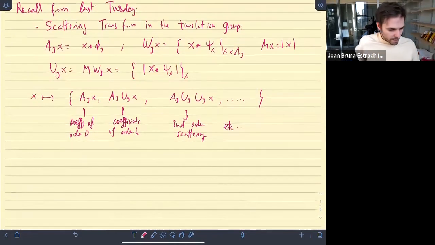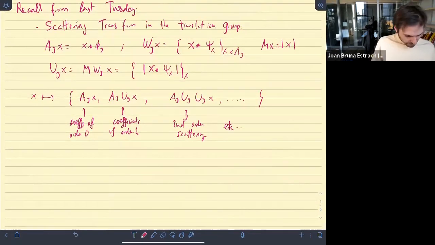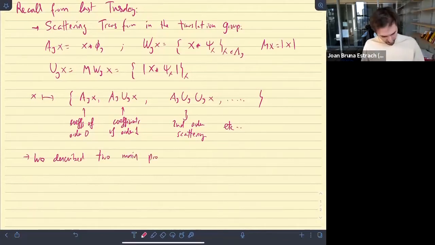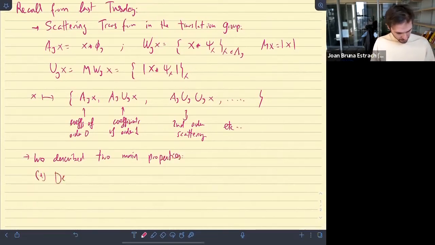Okay, and we saw two main properties on the scattering transform. The first one was the deformation stability.